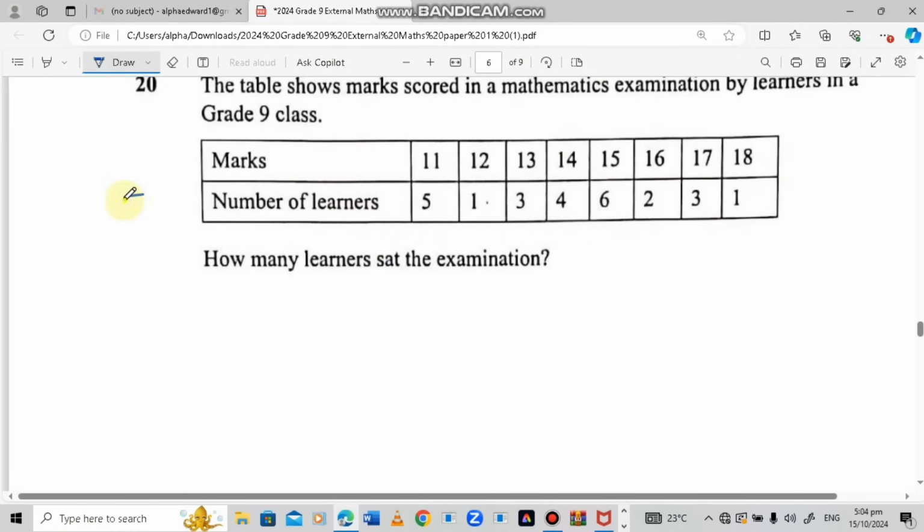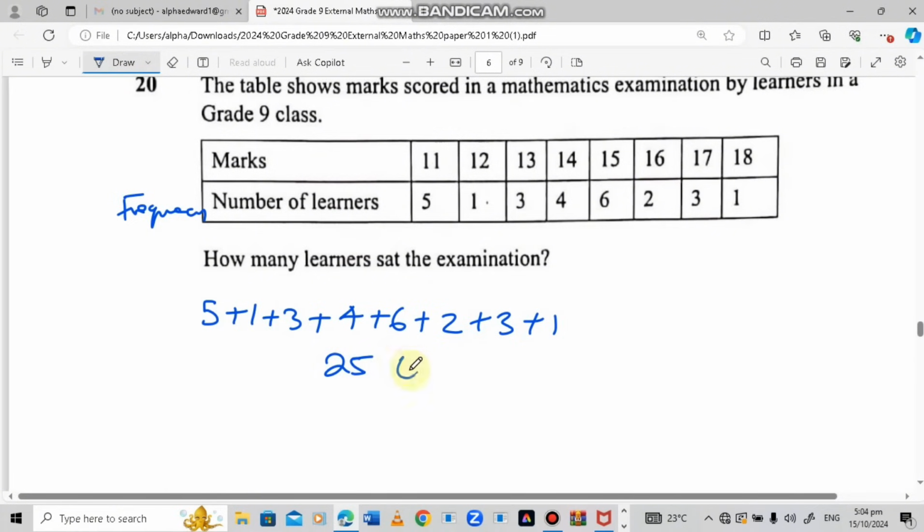This is also the frequency, so we're going to add the frequency. So we're going to have 5 plus 1 plus 3, plus 4, plus 6, then plus 2, then plus 3, plus 1. And this gives 25. So we have 25 learners that sat for this exam.